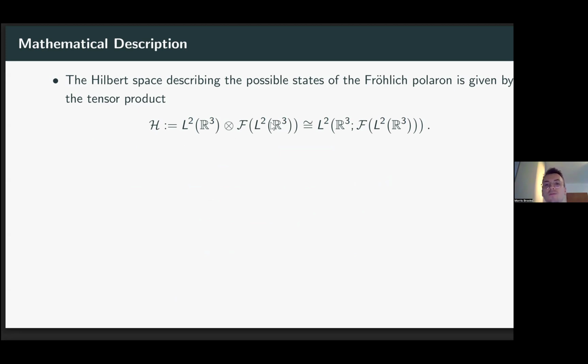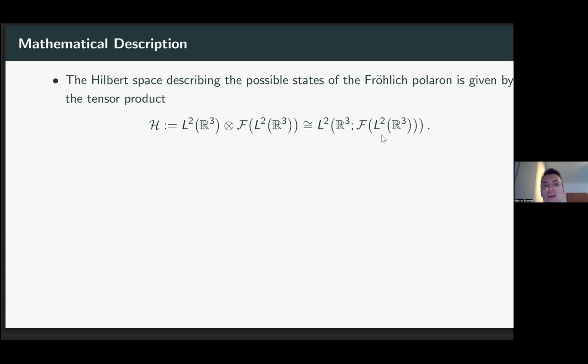As we are well familiar from quantum field theory, the right Hilbert space to talk about a quantum field is a Fock space, and we take the Fock space over L2 of R3. In the following, it will sometimes be convenient to identify this tensor product with the L2 space of Fock space valued functions.